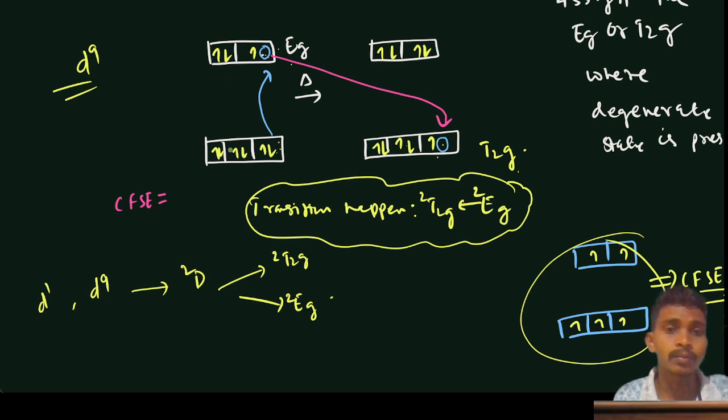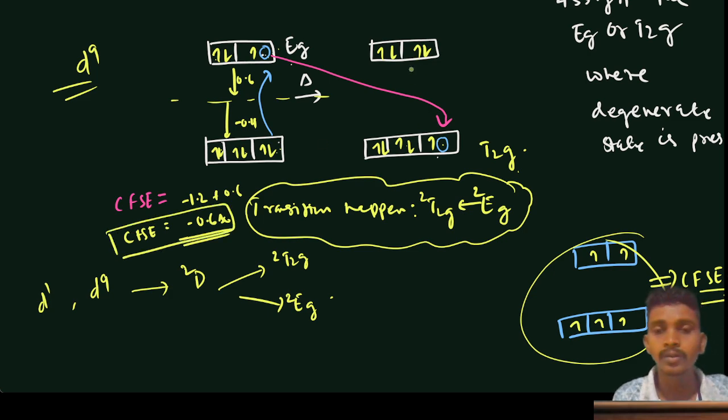Now for this I will say this is 0.6 and this is minus 0.4. So how many are there? 1, 2, 3. So 3 means minus 1.2. And above, how many are there? Only 1, so plus 0.6. So the total will be minus 0.6 delta naught. This is the CFSE.